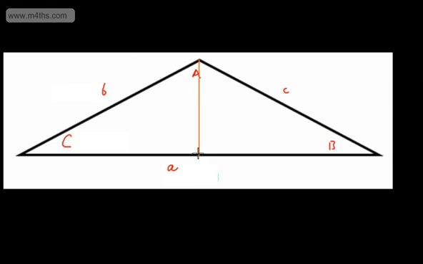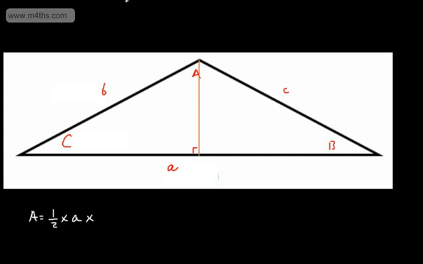So there's my perpendicular. So we've got the right angle that this is making with the base. So what we want is the base. So we can now write that the area of this triangle is going to be 1/2 multiplied by the base, which is A, multiplied by the perpendicular height.